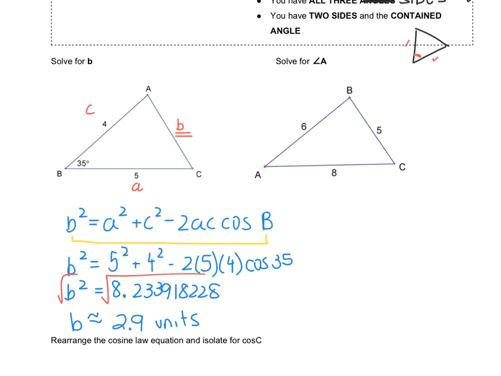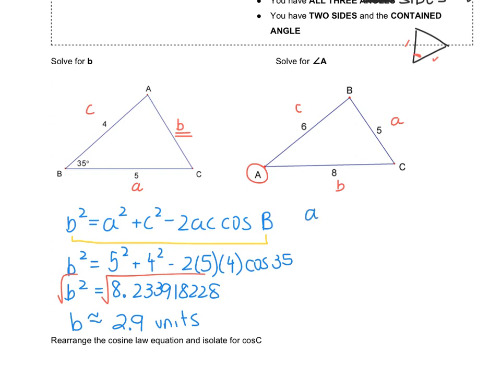And in the next one, we're looking for angle A. So I'm just going to label side a, side b, and side c. Now because I am looking for angle A, I'm going to make sure my formula starts with a squared, because I noticed in the previous example, when I was looking for b squared, we had cos B. So if I want to find angle A, I have to have cos A in my equation.